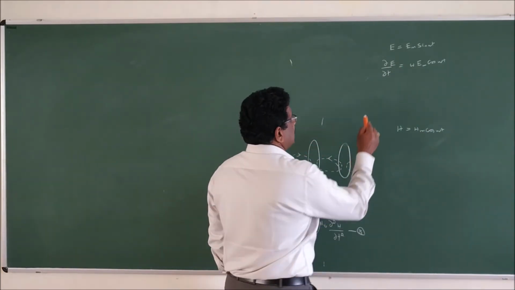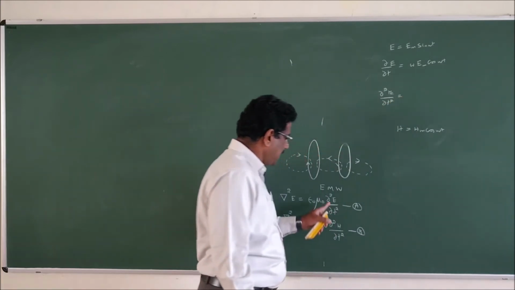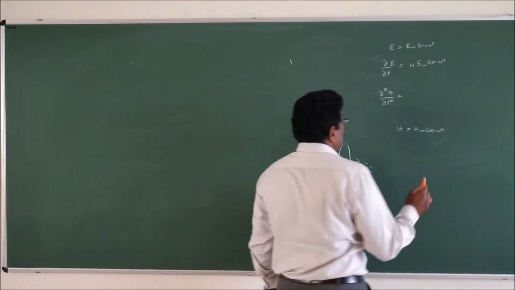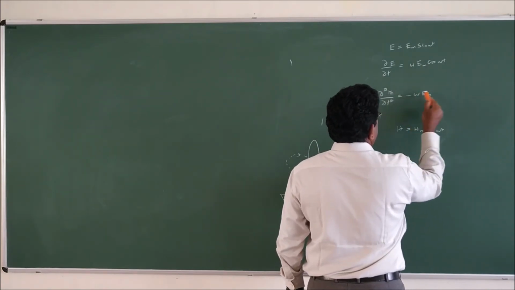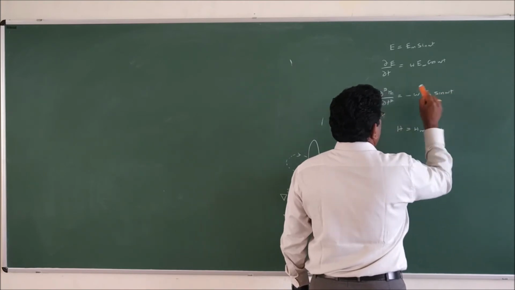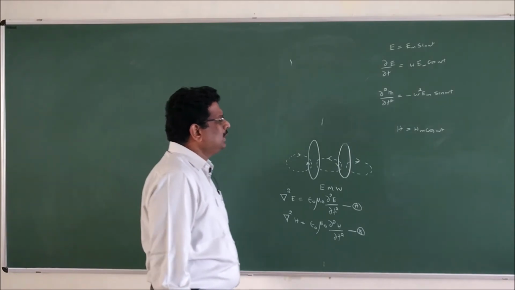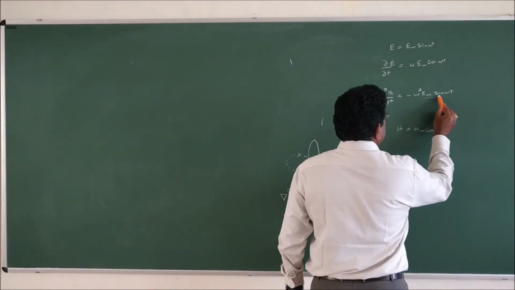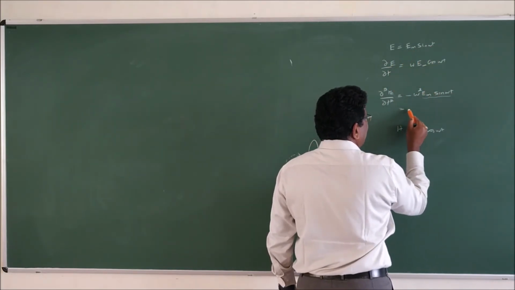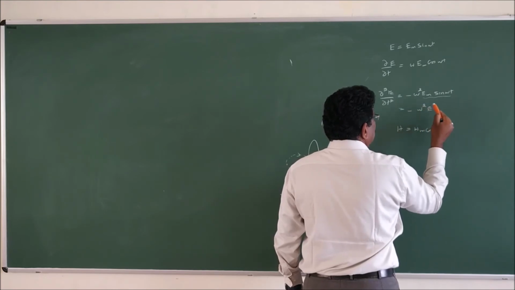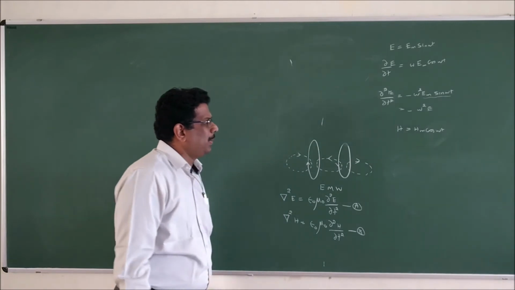Again, if you differentiate, dou square E by dou t square, because my aim is to bring this dou square E by dou t square, then differentiating again, omega Em cos becomes minus sin omega t, and one more omega comes, so it becomes omega square. Then this term is nothing but E, that is Em sin omega t. So it is minus omega square E. That's all. So dou square E by dou t square is nothing but minus omega square E.